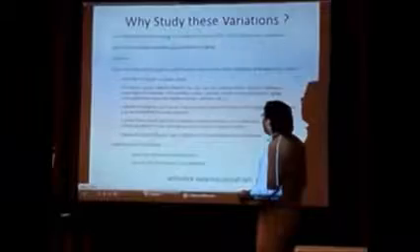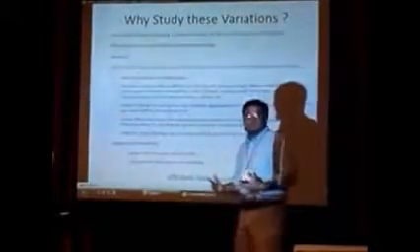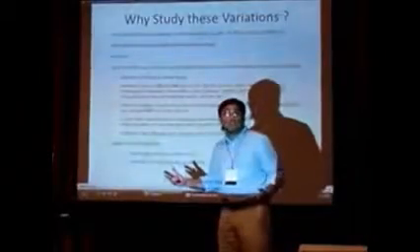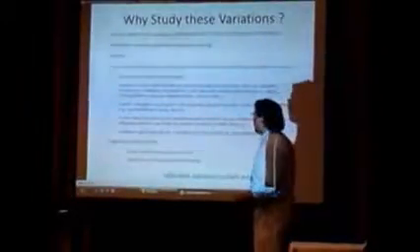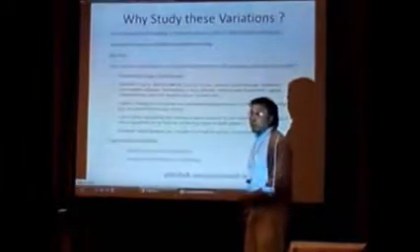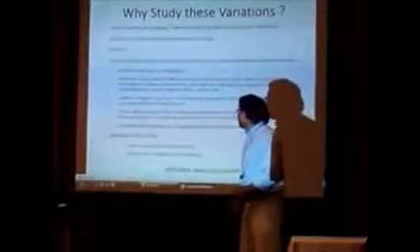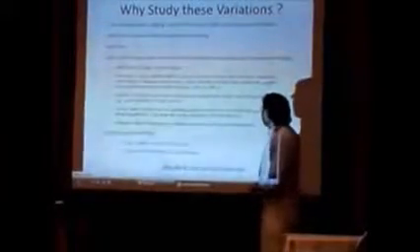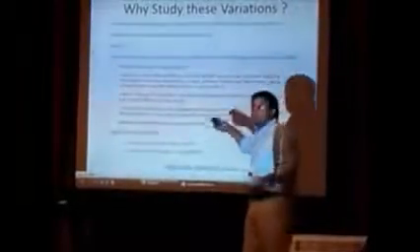The variations can be harmless if they don't affect the regulation of the gene or the coding section of the gene itself. Or they can be harmful, such as those that are fairly established, like BRCA1 and BRCA2 in breast cancer. And then there are heart diseases, diabetes, Huntington's disease, a series of autism, a series of schizophrenia.